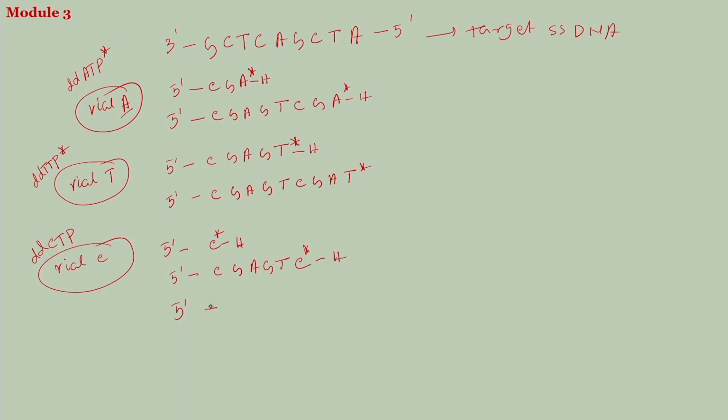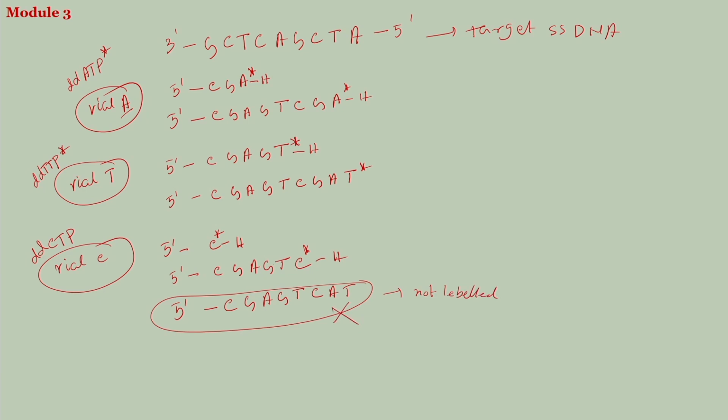You can write down along with me also. C G A G T C A T, but this will not be labeled. So this will be the full length DNA, not labeled, so this will not be seen in your gel.